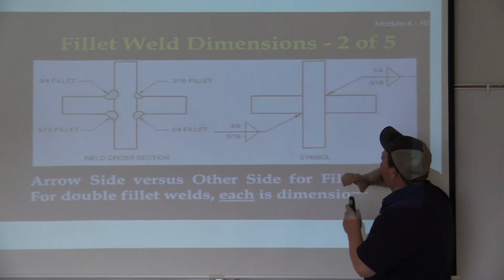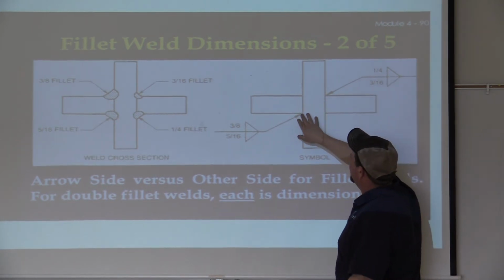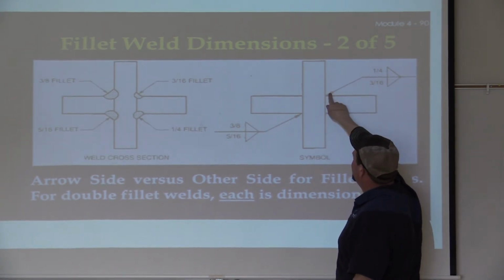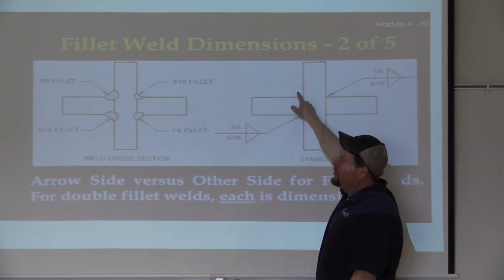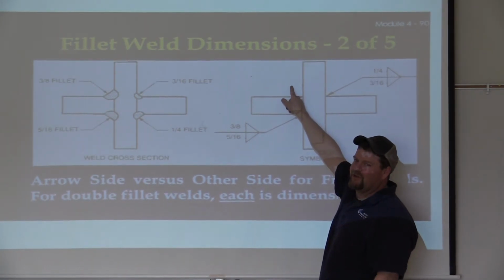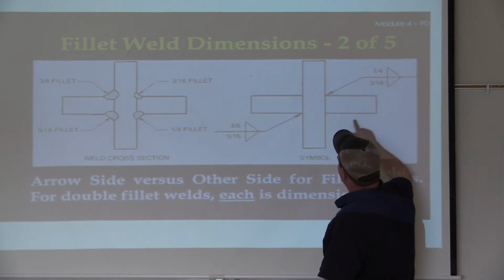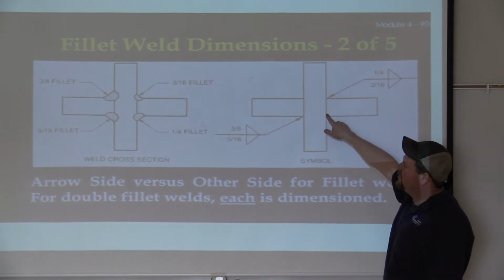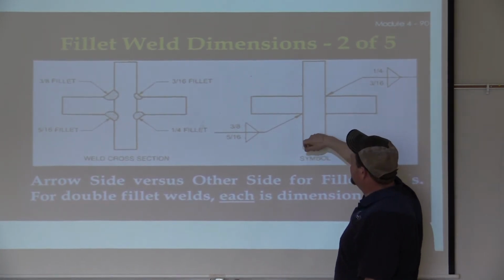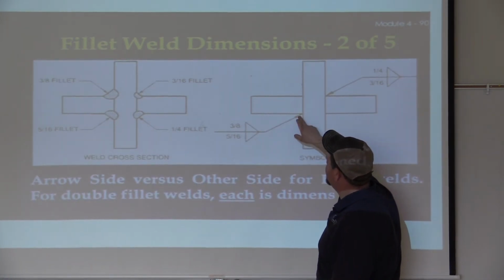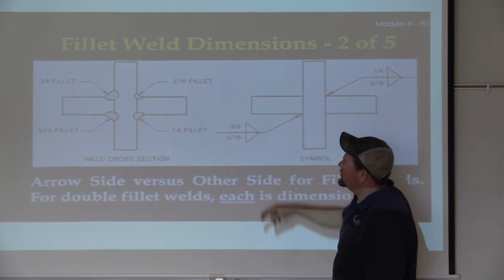And this one's really hard because a lot of times I want to think, like, you have to look at the geometry of the part too. Because typically my first instinct is this is going to be the 1/4 inch weld, right? From here to here, because everything else I'm looking at is a T-joint, but it's actually the 1/4 inch weld is here instead. So arrow side, other side, arrow side of 5/16, other side of 3/8 in this case. Okay?